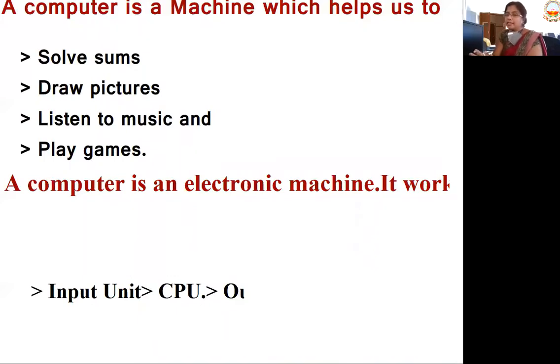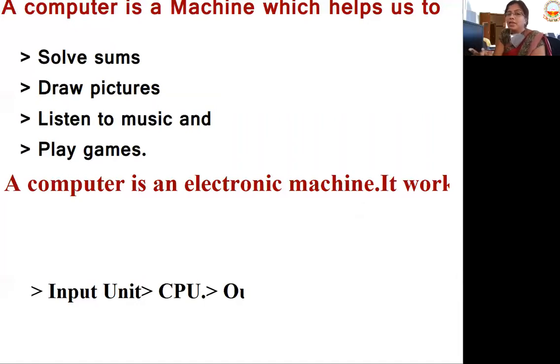If we type in a computer 1 plus 1, it will give us a result as 2. We can use the computer for drawing pictures. We can do lots of drawing on that, correct? We can listen to music. We can play music in the computer and we can listen to it. We can play lots of games on the computer, correct?